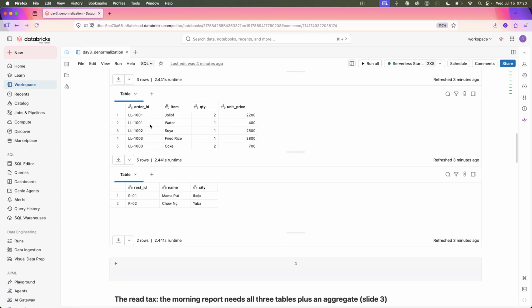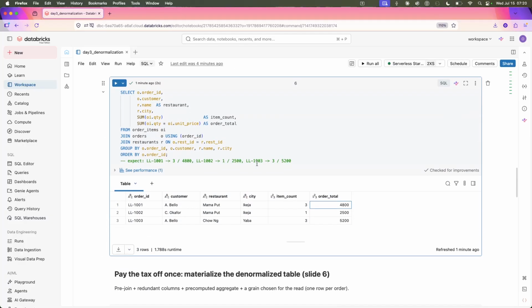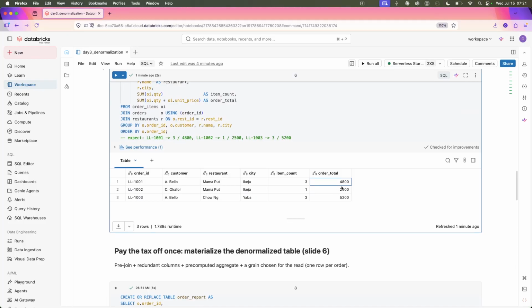This is order number one. So 2,400, 2,004. This is 2,600 for the first order. No, this will be times 2, right? And unit price, so that is what we get here, 4,800, right?